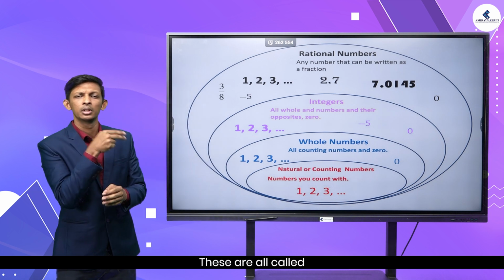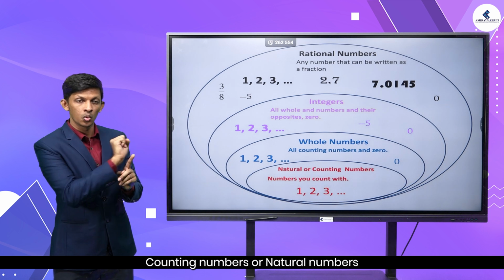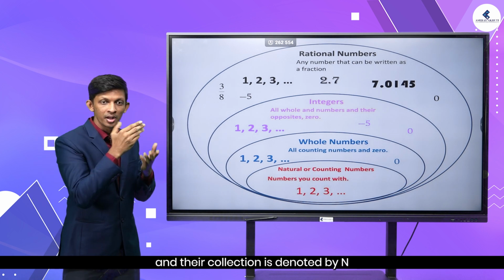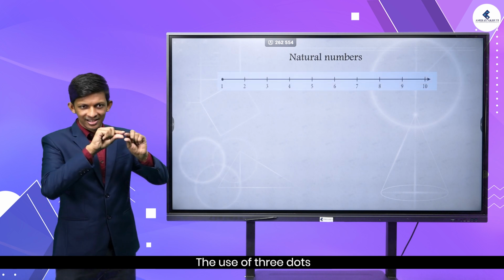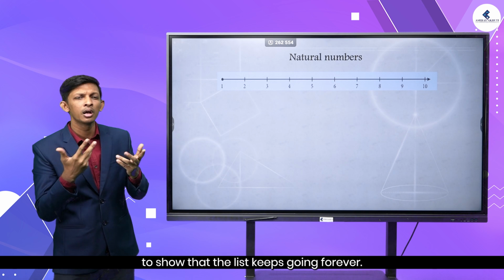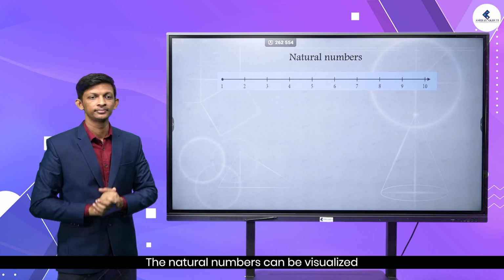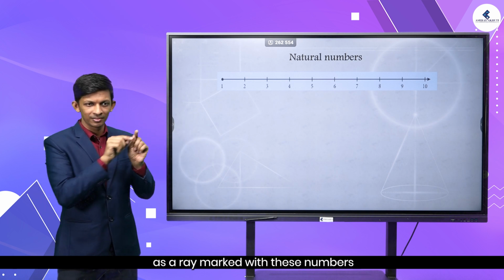These are all called counting numbers or natural numbers, and their collection is denoted by N. The use of 3 dots at the end of the list is a notation to show that the list keeps going forever. The natural numbers can be visualized as a ray marked with these numbers.